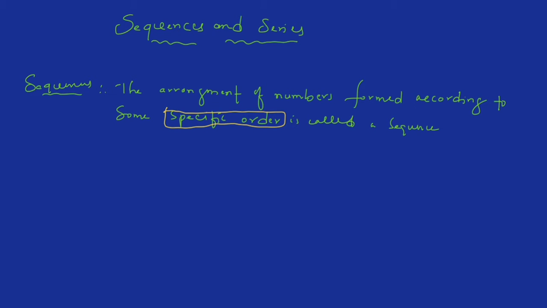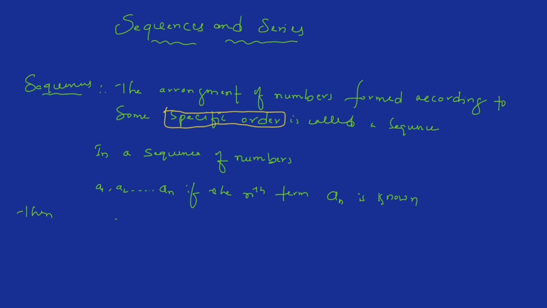The next line: in a sequence of numbers, a1, a2, and so on up to an, if the nth term an is known, then the n plus 1th term, that is a n plus 1, can be determined, right?